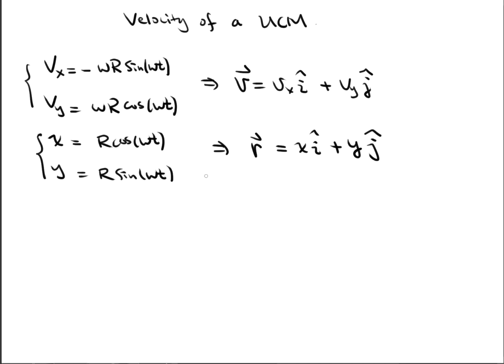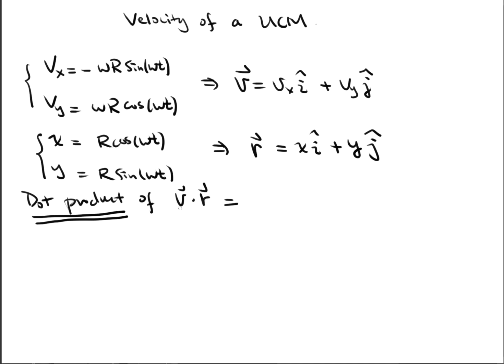Now let's do something here. Let's do a dot product of v and r. If you don't know what dot product is, you can review the lecture videos in chapter 1, where we talk about the dot product.